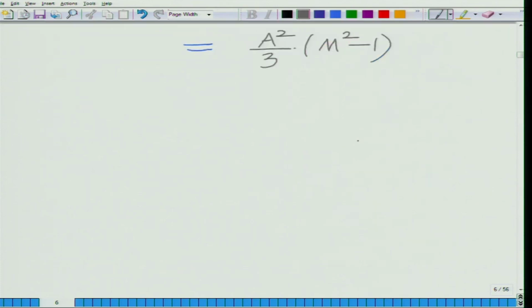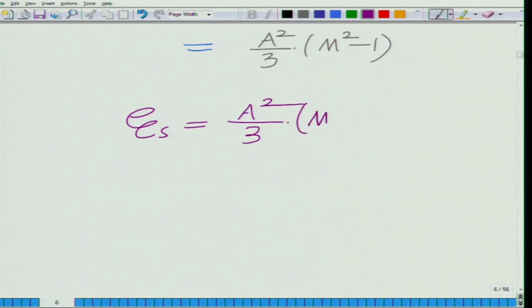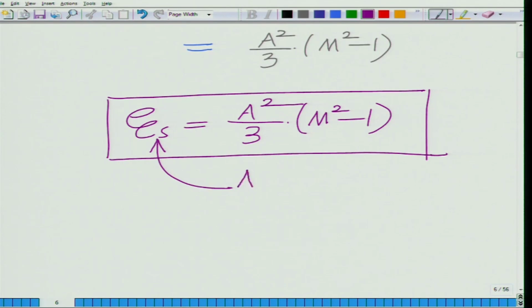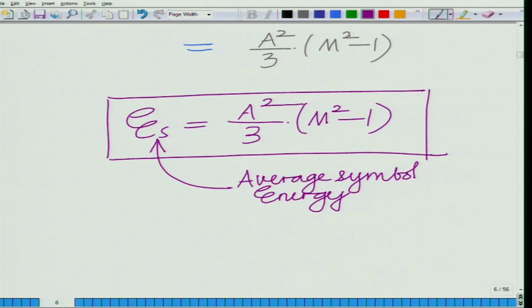So, we have the final result that Es, the average symbol energy, as a function of A and M is A square by 3 times m square minus 1. This is the average symbol energy, or you can also say average energy per symbol.